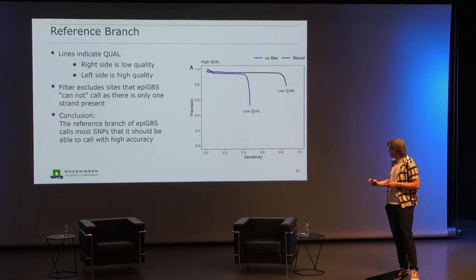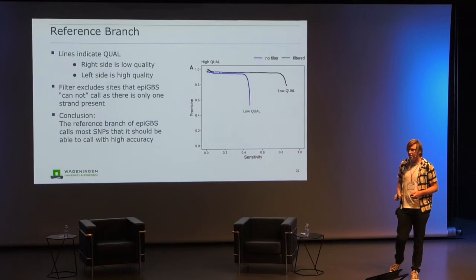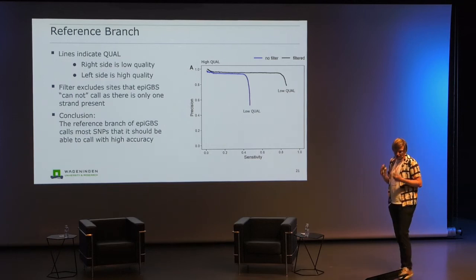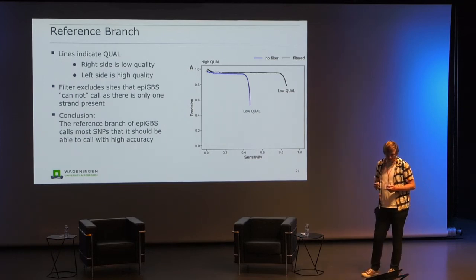But if we filter those sites, we see that about 80% of the SNPs that should be present are found using EpiGBS, and it calls them with an accuracy of about 96%. So it's very accurate, and it finds most of the SNPs that it should be able to call, and it does that with high accuracy.